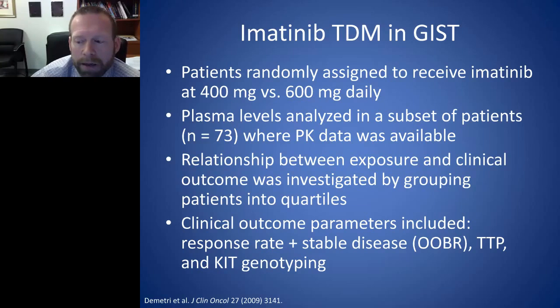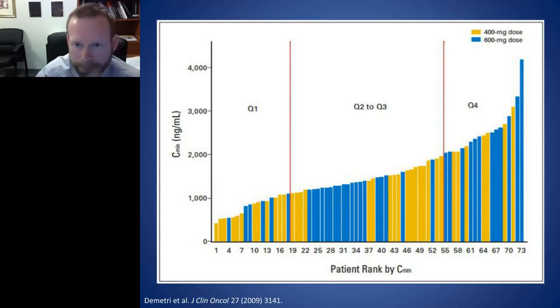But they didn't do it in a continuous way. They grouped the patients into quartiles, and then they looked at the response rate plus stable disease, they looked at time to progression, and then they also did some analysis looking at the KIT genotyping, favorable mutations versus unfavorable mutations.